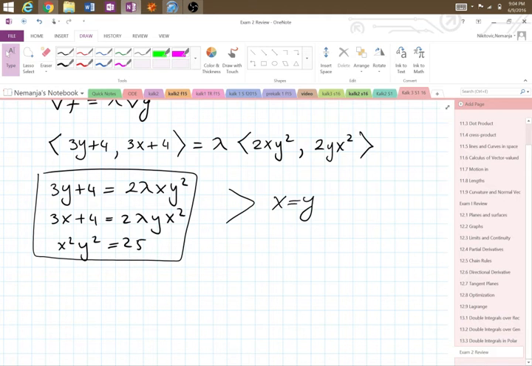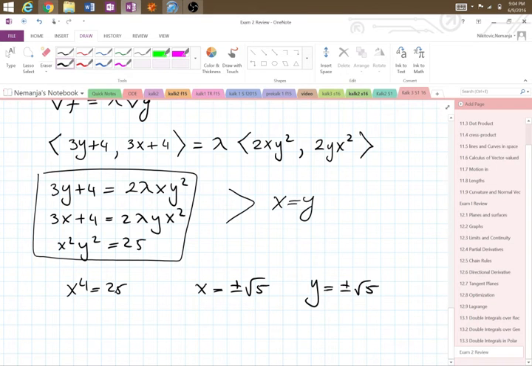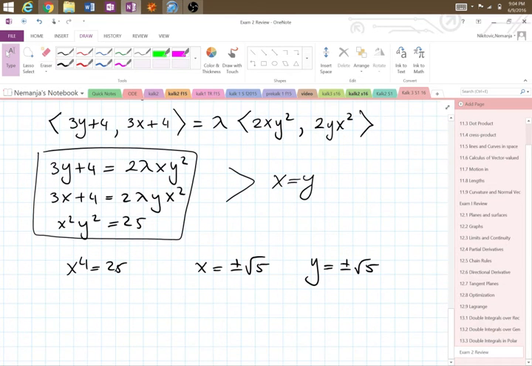So let's solve this now. You would set the 2 lambda expressions equal to each other, and it would work out from there. Because x is equal to y, we actually have x to the 4th is equal to 25, which is x equals plus or minus root 5, and y equals plus or minus root 5, because they're the same. And we have our answers, and then we get to test which combination.